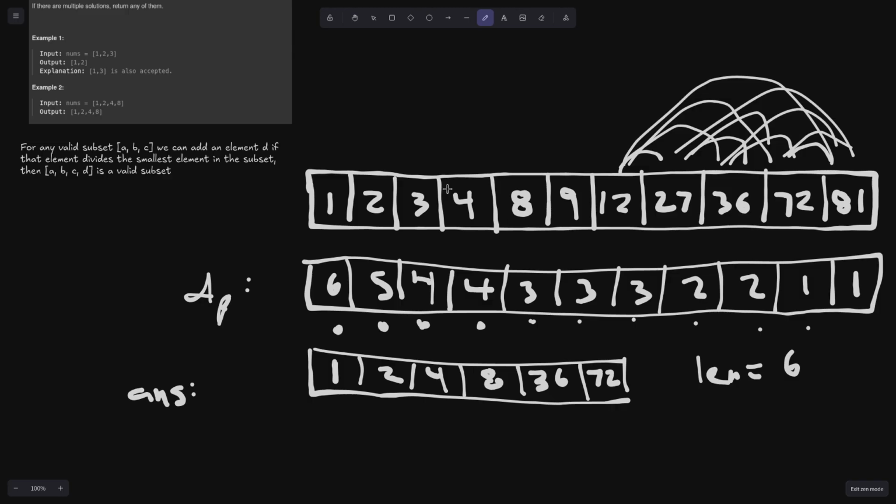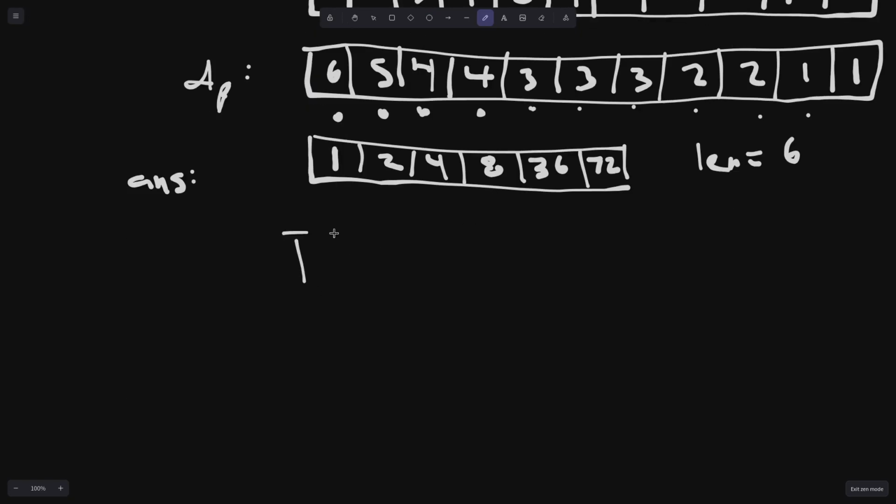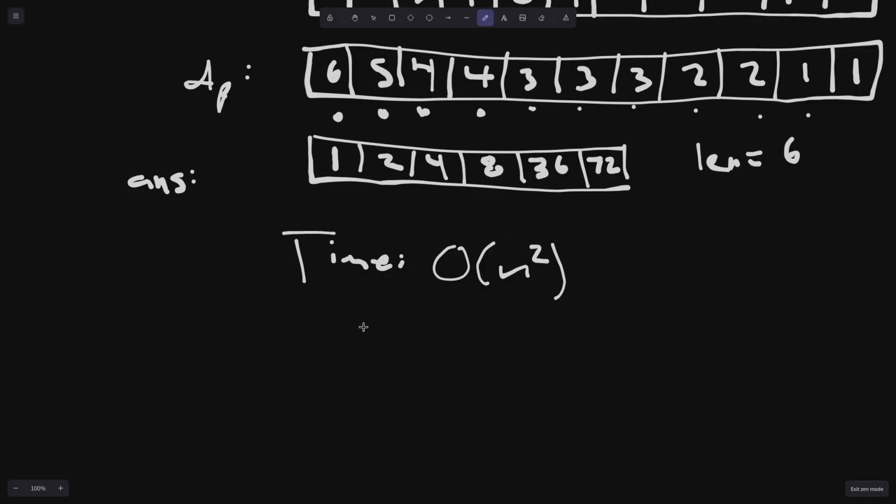So time complexity, at least for this part, is O of n squared. And then coming down here, this is a max of O of n, because worst case scenario is that we're iterating from 0 index to the length of the nums. So total time is O of n squared.